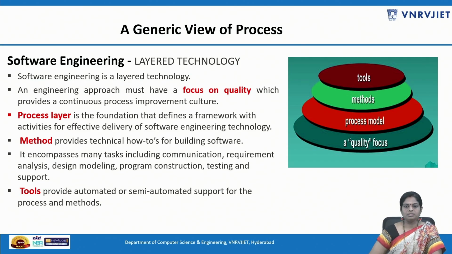Software tools provide support for the process and the methods. These tools will be integrated so that one tool can be used by another. The support of software development is called computer-aided software engineering tools, and we call them CASE tools.